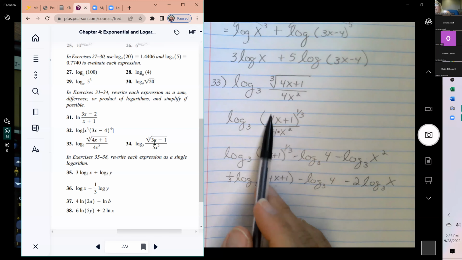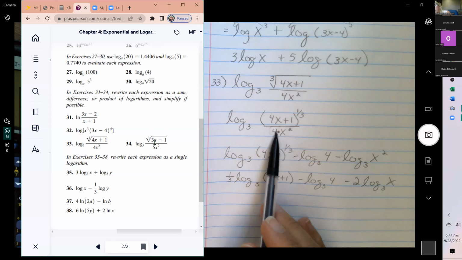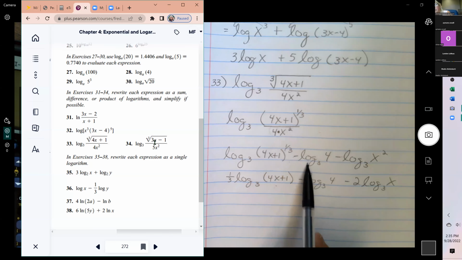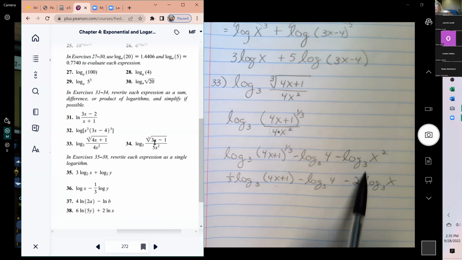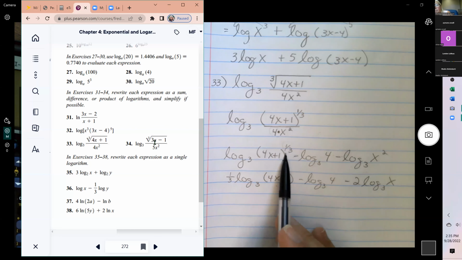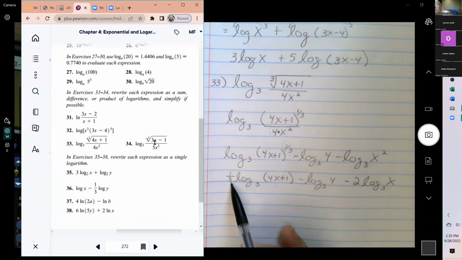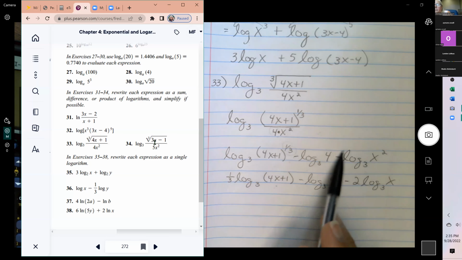So I took the top and then I subtracted both parts of the bottom, minus log base 3 of 4 and minus log base 3 of x squared. And then any exponents, this one had a 1/3 and this one had a squared. Any questions on that one?